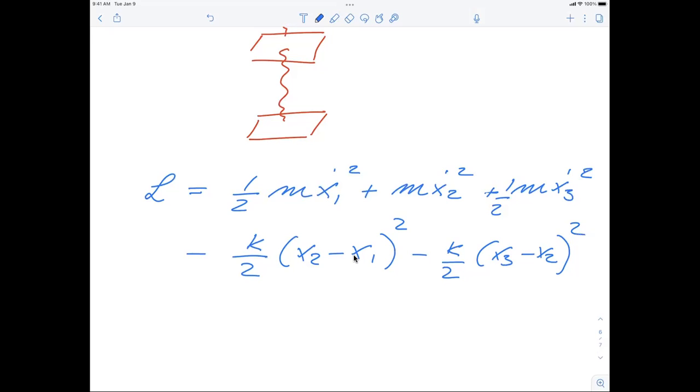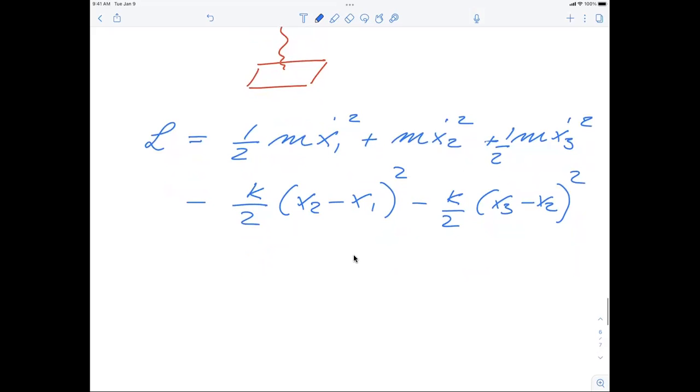If you use a Lagrangian formalism, one of the strengths of it is that you can set up the energies. You have the potential energies. You don't need to set up the forces. So when we now derive the equations of motion from the Euler-Lagrange equations, we will get equations which depend on these different variables. So the next step is to set up the equations of motion for x1, x2, and x3.